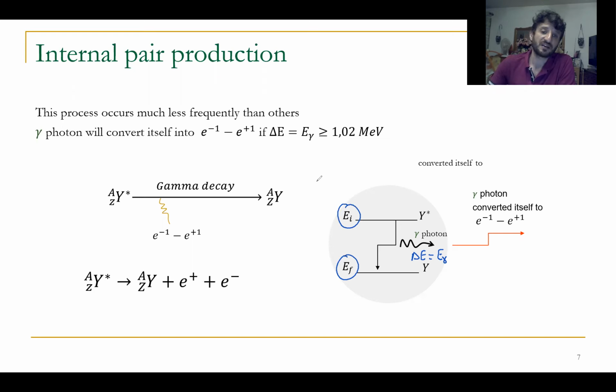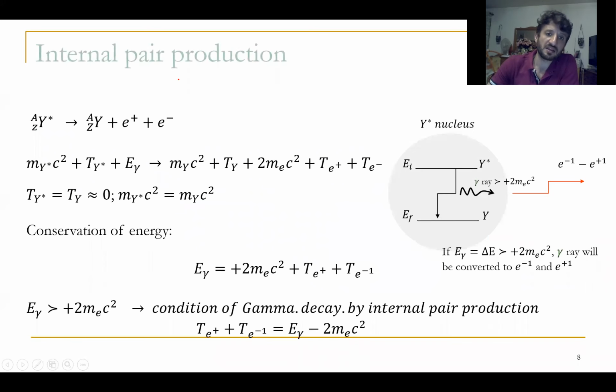If E gamma is greater than 1.02 million electron volt, this energy will be converted to one electron and one positron. Simply, the reaction will be Y star AZ decays to Y AZ plus one positron and one electron.